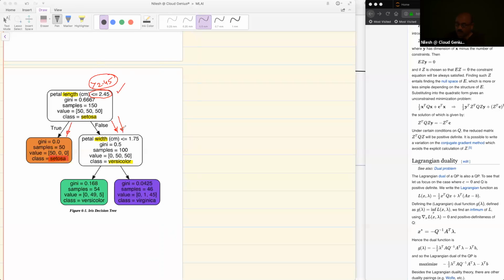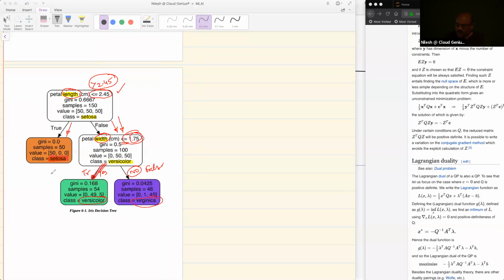Now that was the length; now you look at the width and say, tell me the width. Is it less than or equal to 1.75? Yes or no, true or false. If it is less than 1.75, then you go this direction and you end up with versicolor. Otherwise, no, that means it's a Virginica.